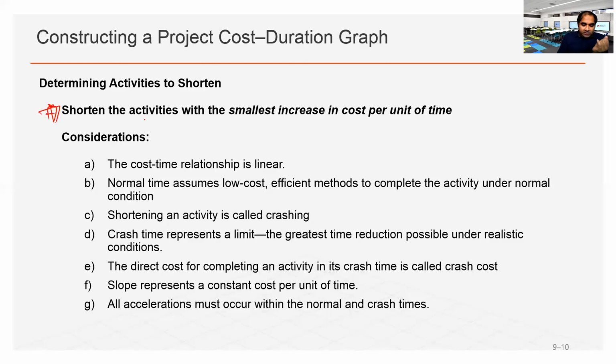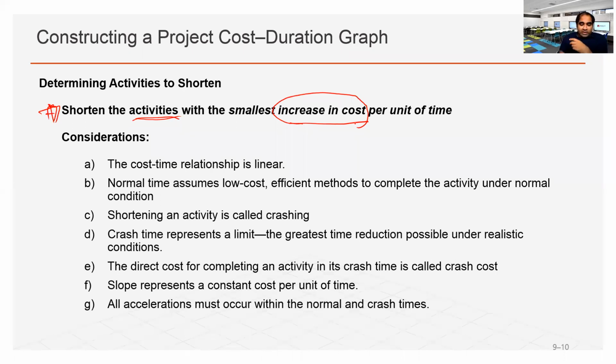So if we have an activity of 10 days and we reduce it to 8 days or 9 days, for every decrease in the number of days, what is the increase in cost? This is the per day cost of reducing that specific activity. To do that, there are some considerations that we usually take into account.